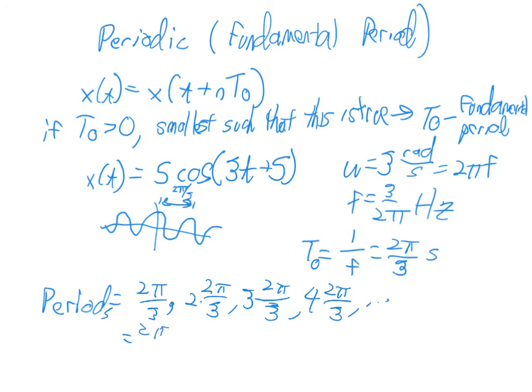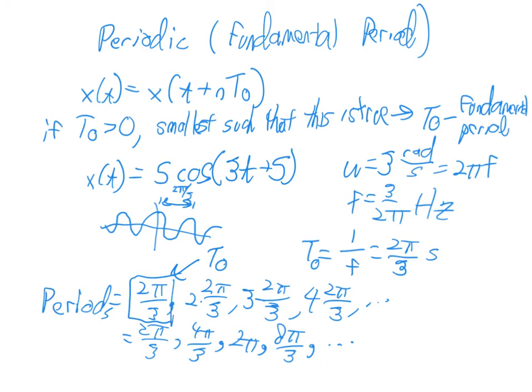So any of these values are considered the period of the signal. But the rule is, the fundamental is the smallest one that is not 0. So saying 0 is the period, if I put 0 in here, n is 0 or t0 is 0, that makes it true, but it's not a very interesting statement. It just says x of t equals x of t.